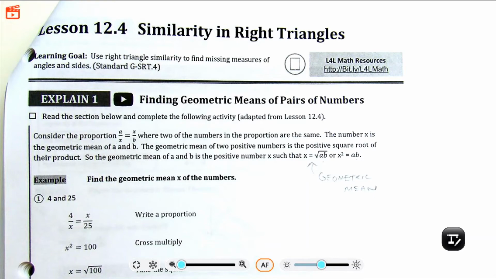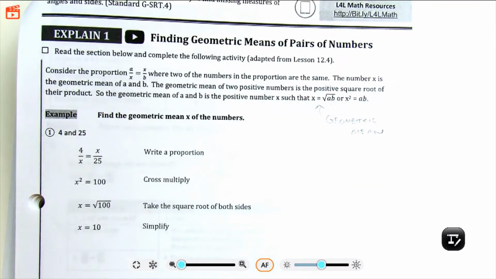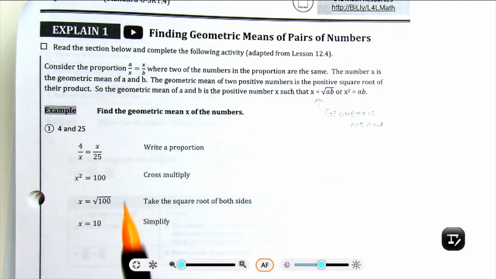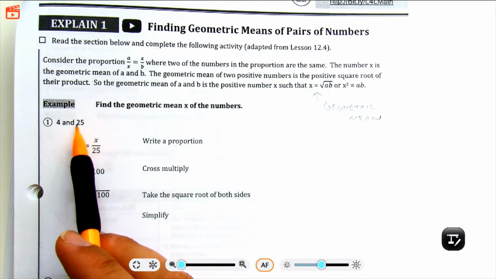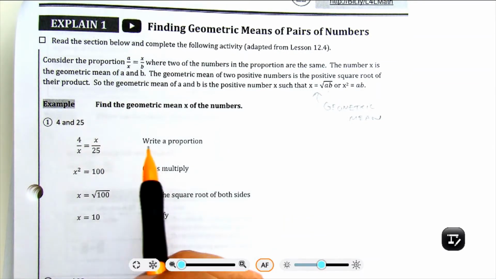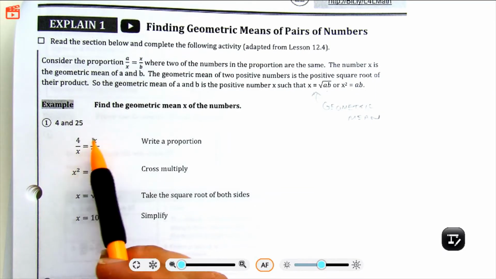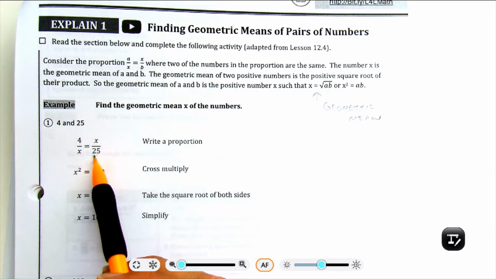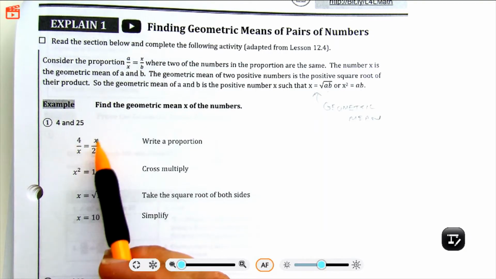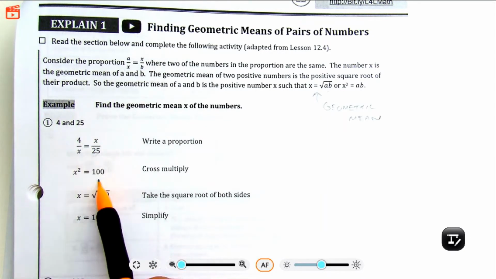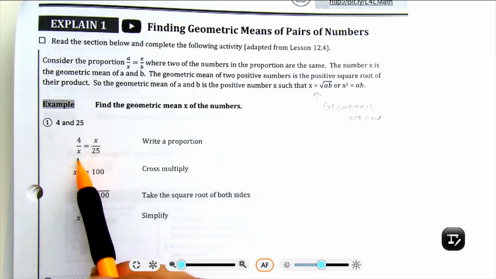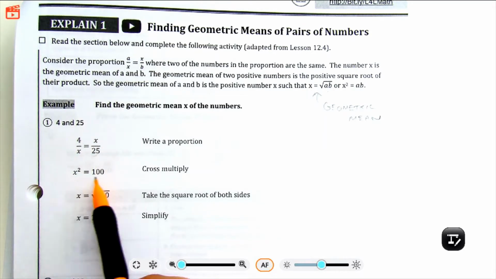Let me walk you through the first example. Let's say that we have two numbers, a and b, so 4 and 25. If you wanted to create a proportion, you could write 4 over x equals x over 25. Then when you cross multiply, 4 times 25 is 100, x times x is x squared. So we end up with x squared equals 100.